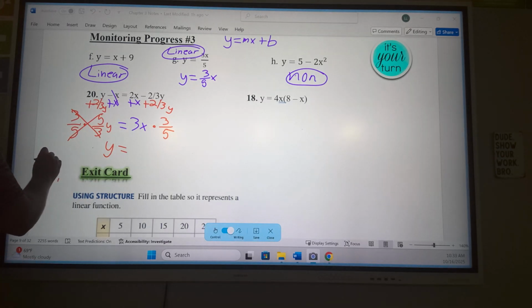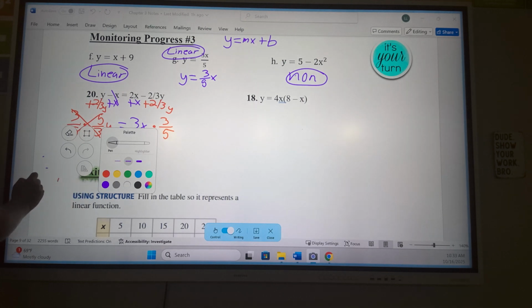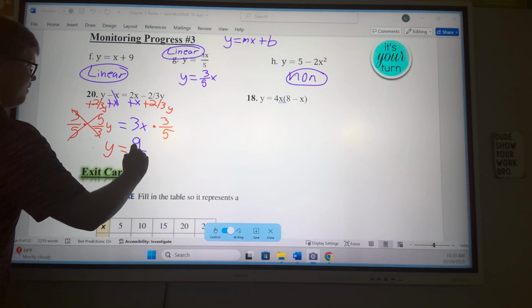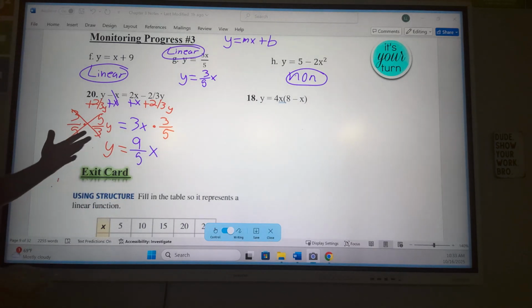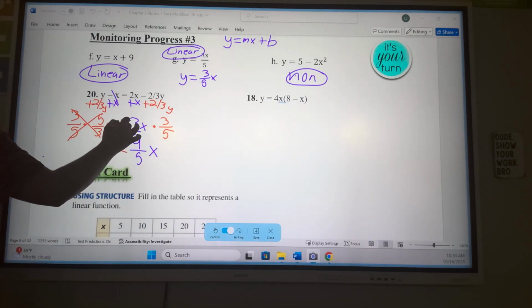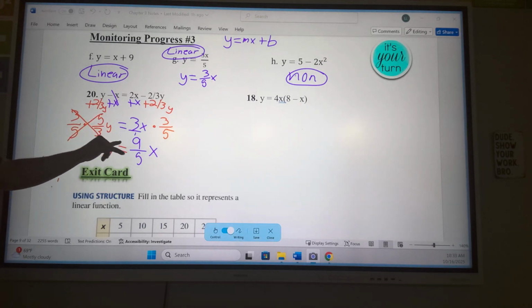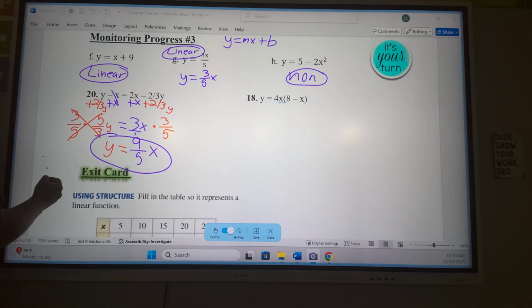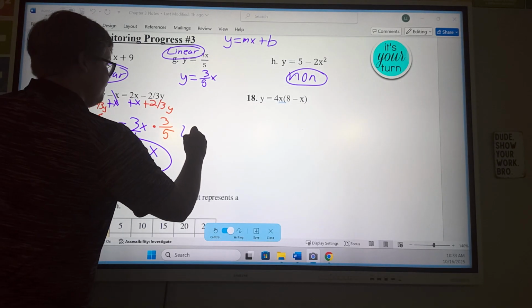So our y is now going to equal 9 over 5 x. And again, that works because 3 is always over 1. Multiply straight across. 3 times 3 is 9. 1 times 5 is 5. This right here is a linear function. So this is linear.